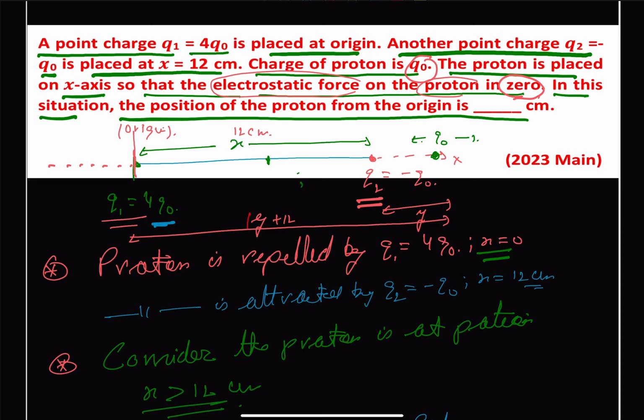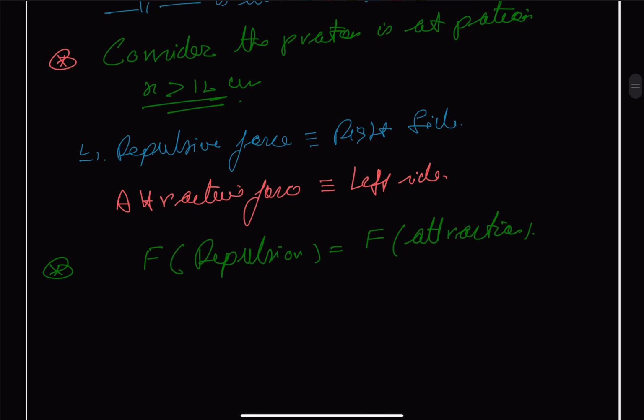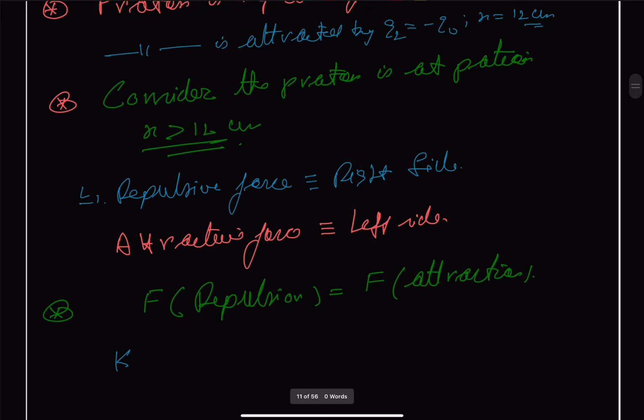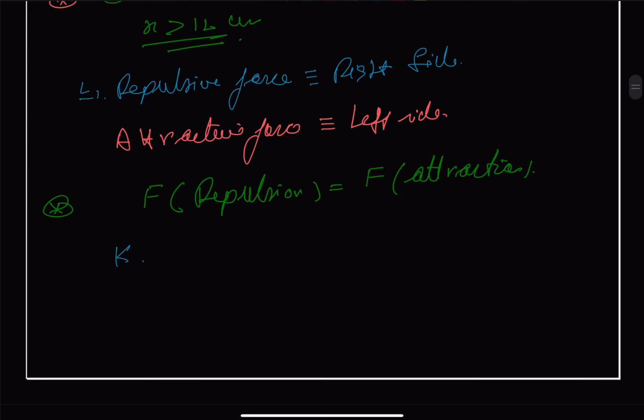So we have a repulsion force K times 4 Q naught multiplied by Q naught, which comes as 4 Q naught square divided by y plus 12 whole square, equal to K Q naught square divided by y square.